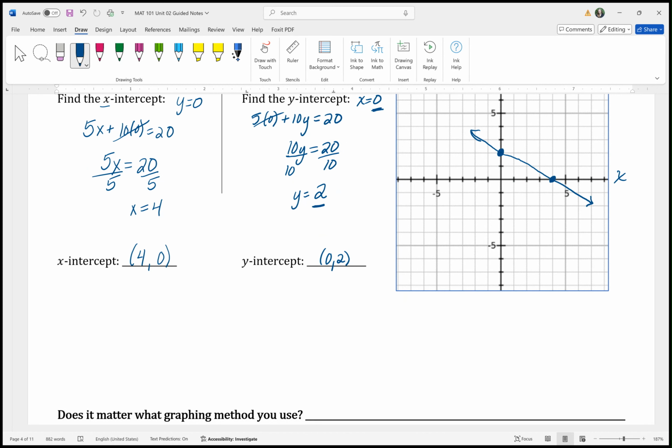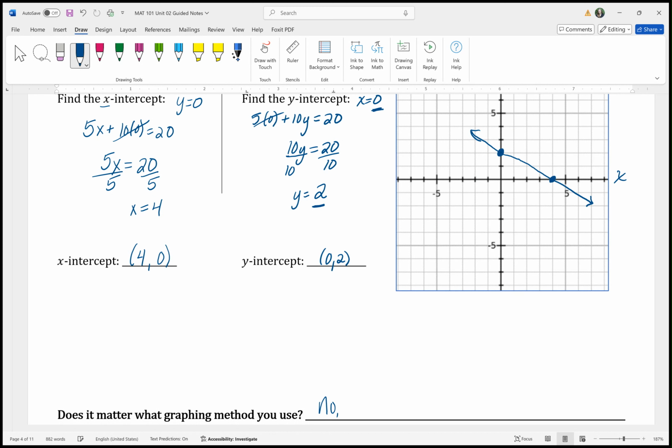And the answer generally is no. But there's a caveat: when you are using the x and y intercepts, it may not always work out pretty. That means it may not always work out to be whole numbers. Depending on how the numbers work out, you may end up getting a fraction. Can you graph a fraction on paper? Well, you can estimate. But can you graph a fraction in the computer?